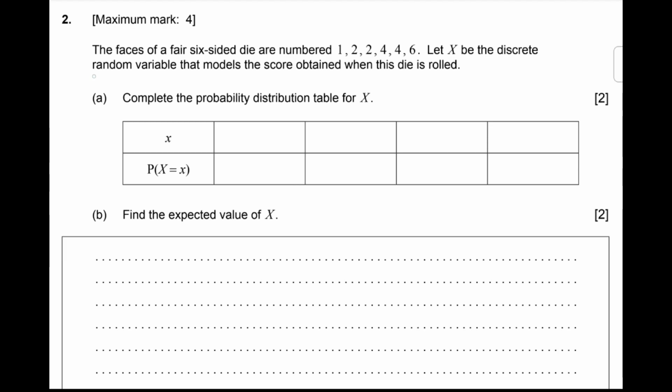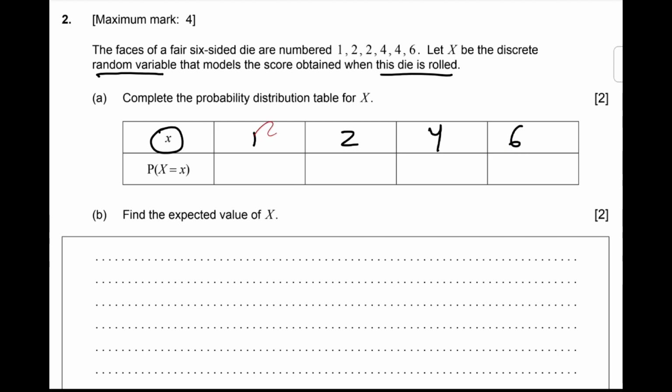Let x be the discrete random variable that models the score obtained when this die is rolled. Complete the probability distribution table of x. So the x values are either 1 or 2 or 4 or 6.